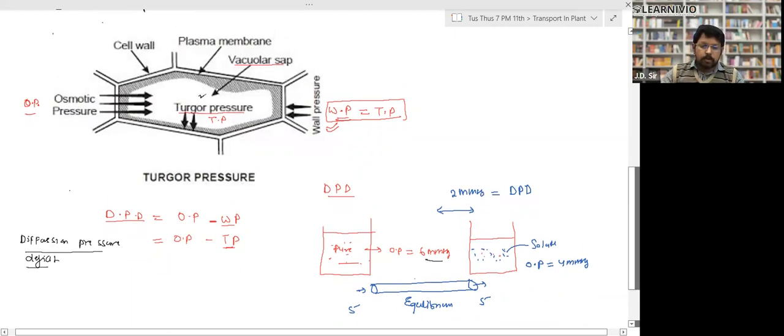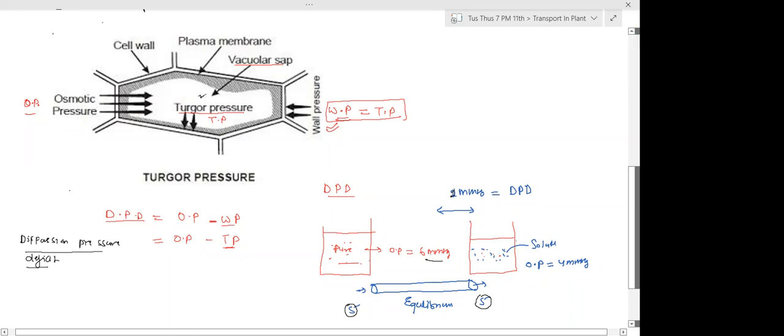What will happen? The water molecules will start moving from this end to that end, right? There should be 5 at both ends, to become equal. So how much deficiency is over here? What is the DPD? 1 mmHg. Is it clear? Deficiency is of 1 mmHg.